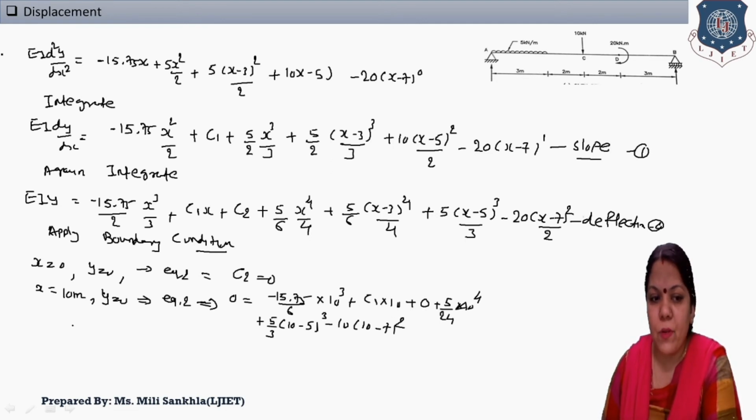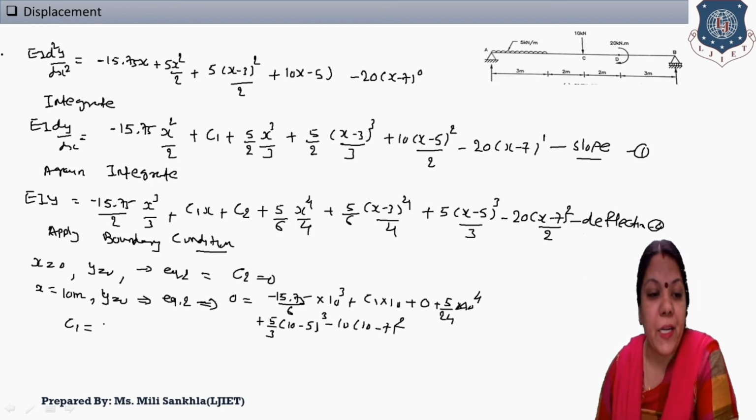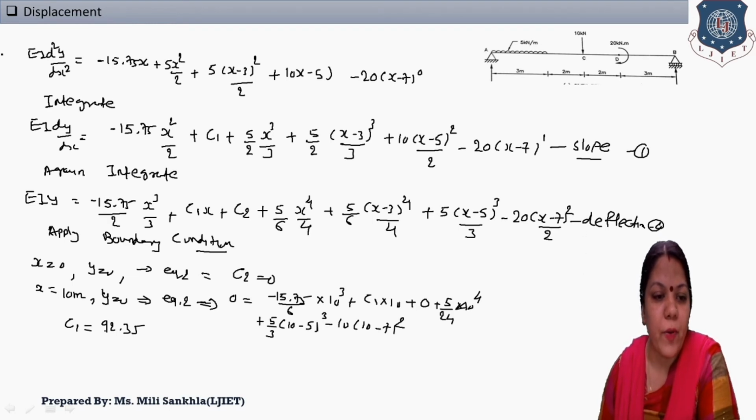Here after simplifying this term, we get C1 is equal to 92.35.